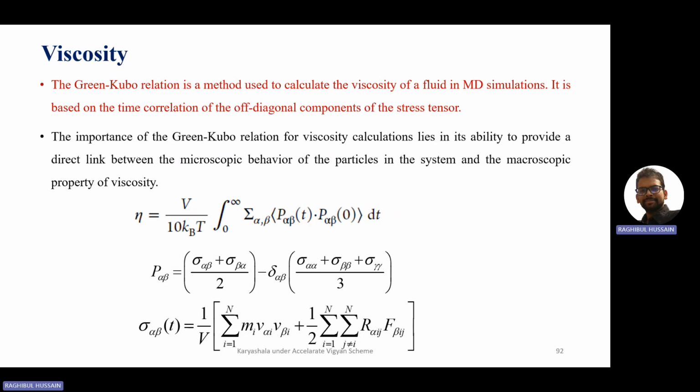So if we want to get the pressure tensor, the normal component, the normal stress, only then this Kronecker delta will be activated, and we will get the normal component. For the shear stress, as alpha is not equal to beta, the Kronecker delta will be 0, and then we will get the shear stress.